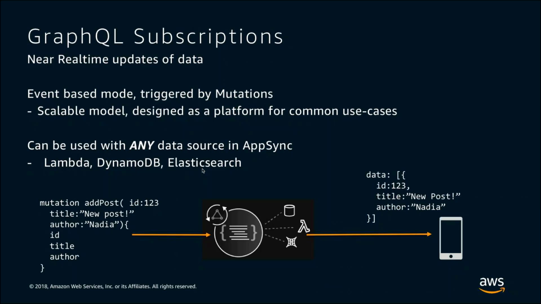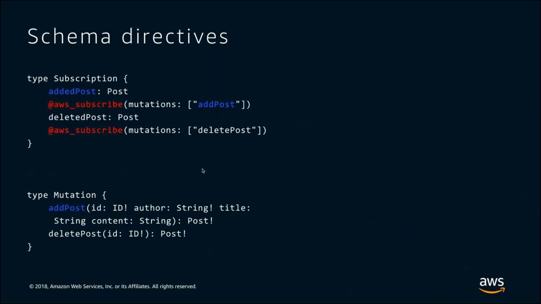How would you achieve this? Using schema directives. If I have a type subscription where I have added post, and I have a type mutation that has add post, and I wish to associate my add post to my added post subscription, I would have an AWS subscribe directive with a list of mutations pointing to the mutations that I wish to trigger this subscription.